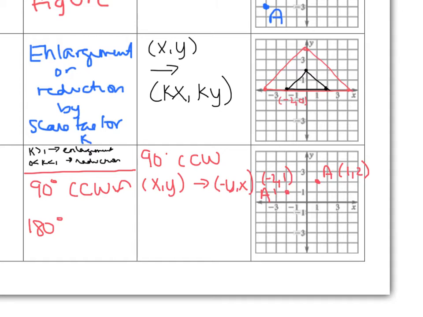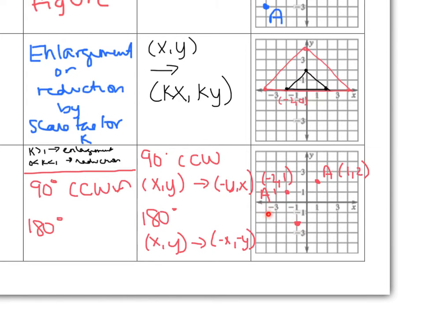To do a 180 degree rotation of a point, and we'll start with our original A over here, when its coordinates are (x, y), they just become (-x, -y). So in this case, x was 1, so it becomes -1, and y was 2, so it becomes -2.